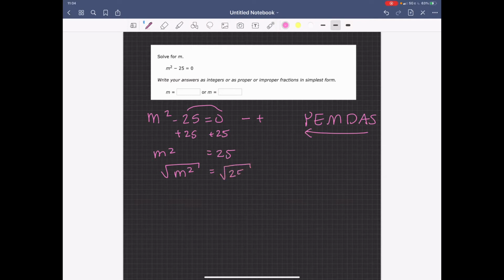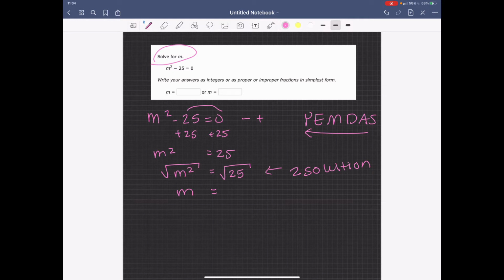Now we're going to take the square root of m squared so that I have the variable m on its own, because we're solving for m. Here's what happens. Not only do you have one solution, but you're going to have two solutions in this case.